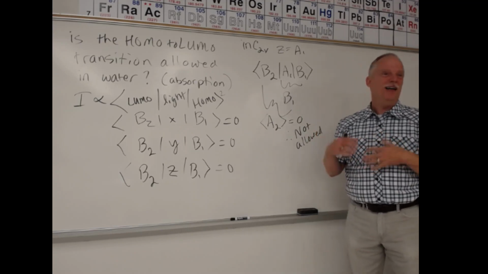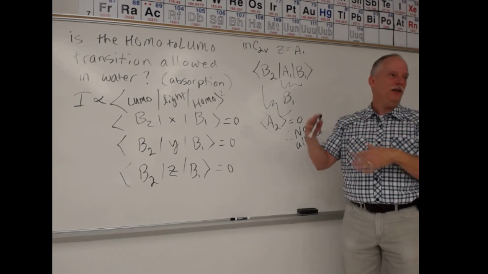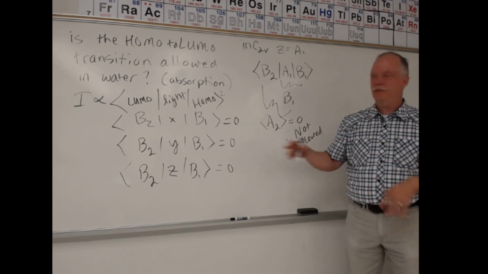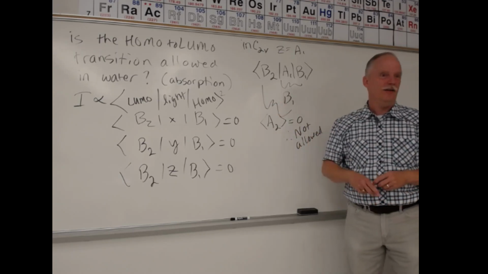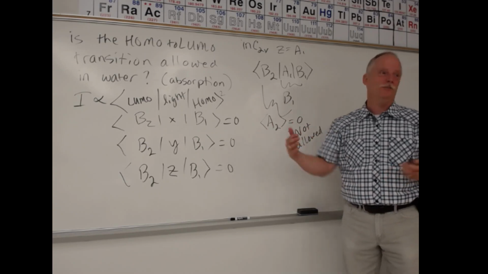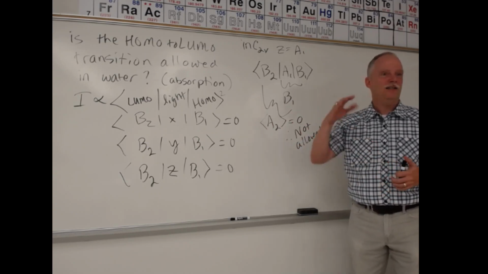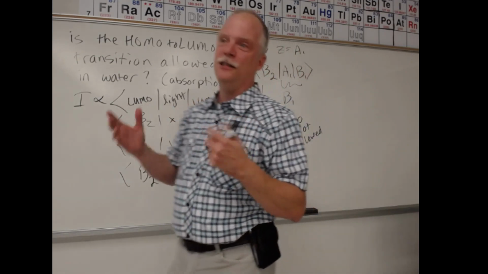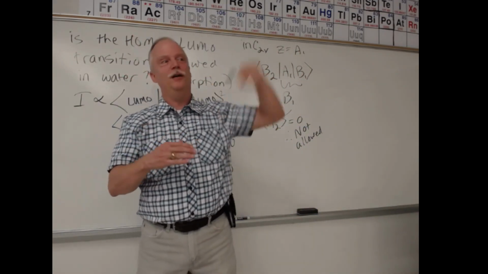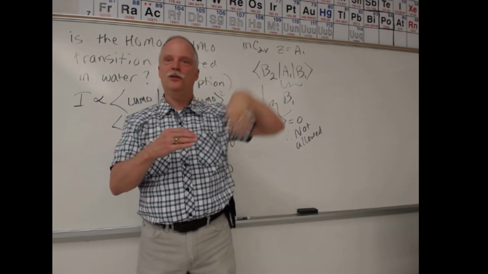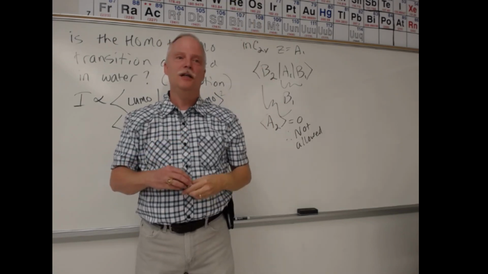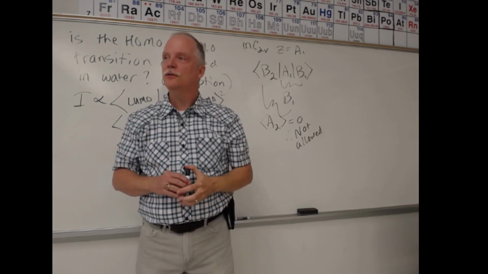But if that transition were in the UV, it still wouldn't necessarily absorb it. It's the symmetry that tells us if it's allowed or not. But this makes light even more transparent than it would otherwise be, because the first available transition is the HOMO to LUMO. We might see one that's HOMO to some higher level, and so we might be able to find one of those.